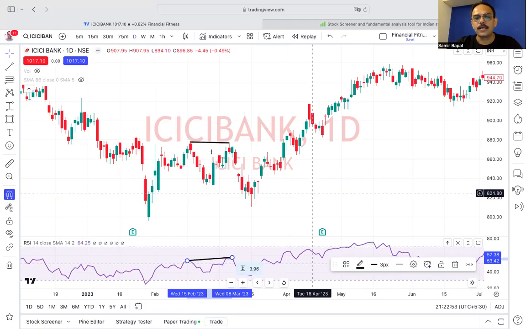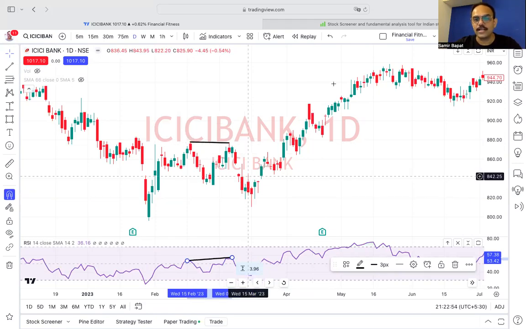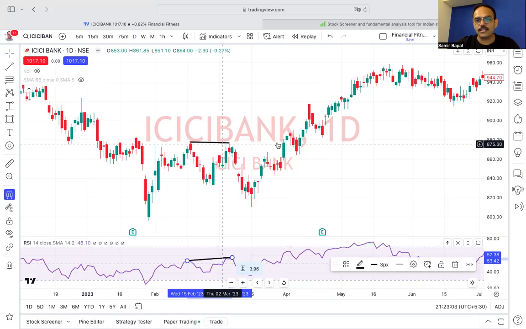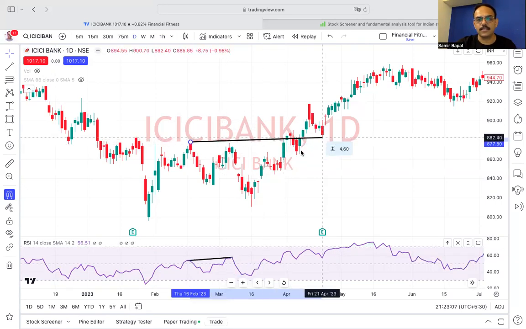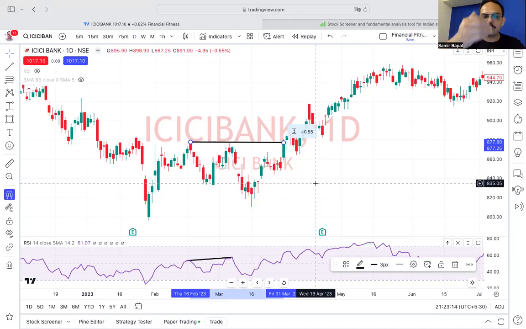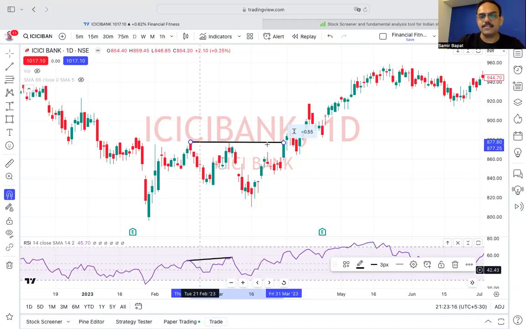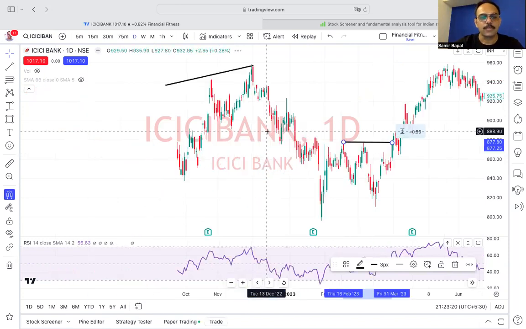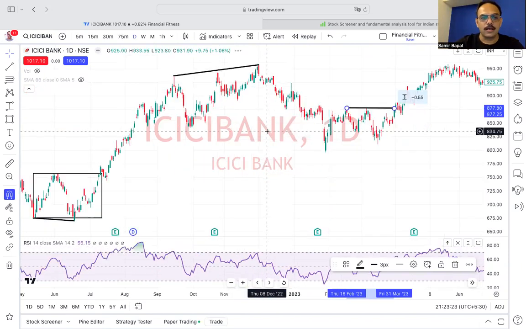So RSI is showing strength, we can go ahead, but this is not very cleanly showing the triangle. Whenever it crosses this line, we can extend the line till here. But anyway, it will not form a triangle, whatever we do to try to fit. But with the RSI divergence, it shows that it is bullish. So you can take a bullish trade.